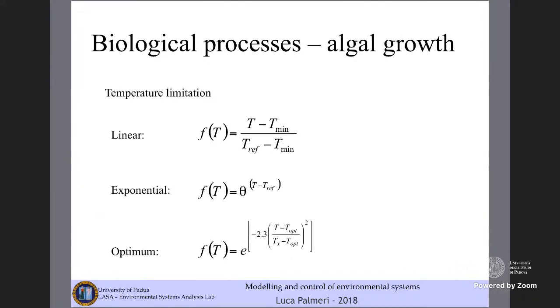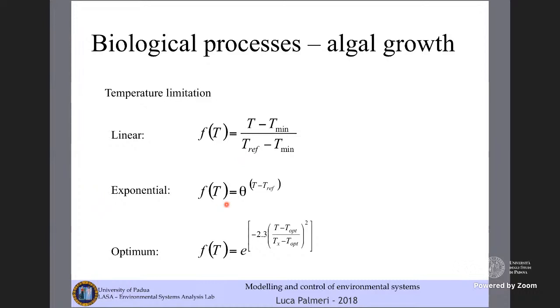The first one is the linear function, in which you define Ft as T minus the minimum value of the temperature allowed for a particular species to survive, divided by the reference temperature, at which you have optimum growth, minus the minimum.